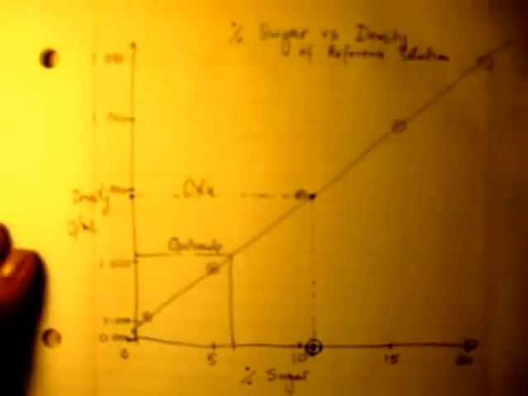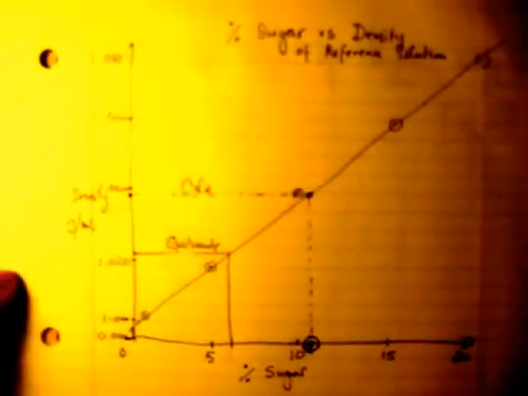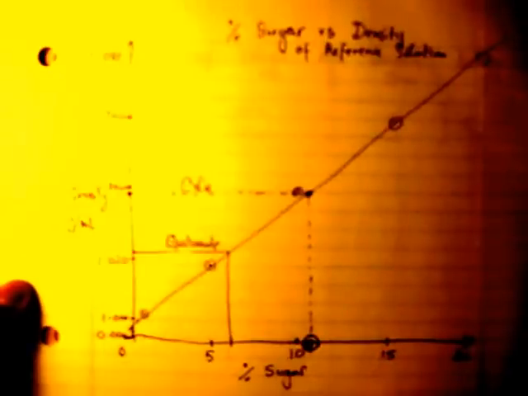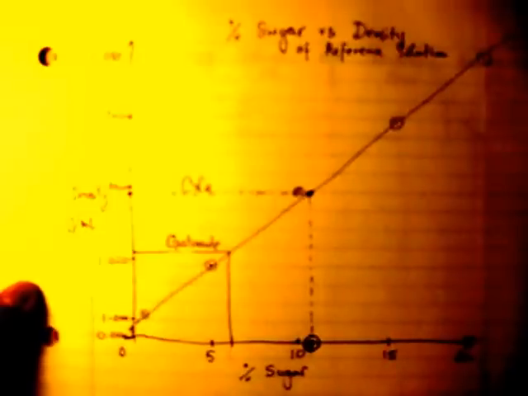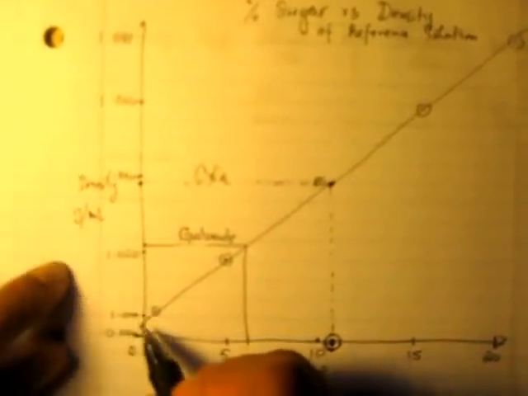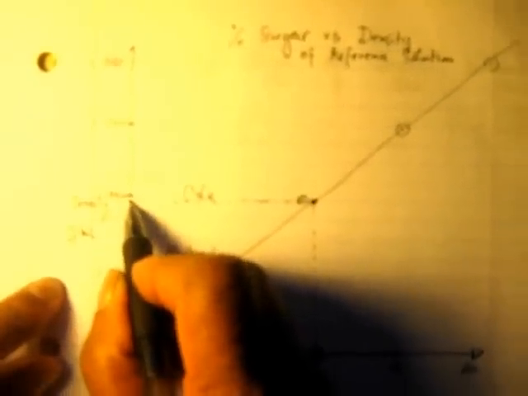So let's take our calibration curve which we drew just minutes ago. What you would do is, for example, if your average density for cola is 1.038, that's the number I came up with, you go to your density axis and locate that point.